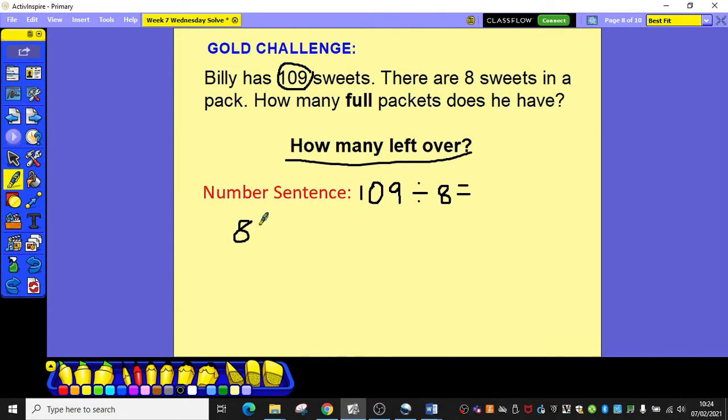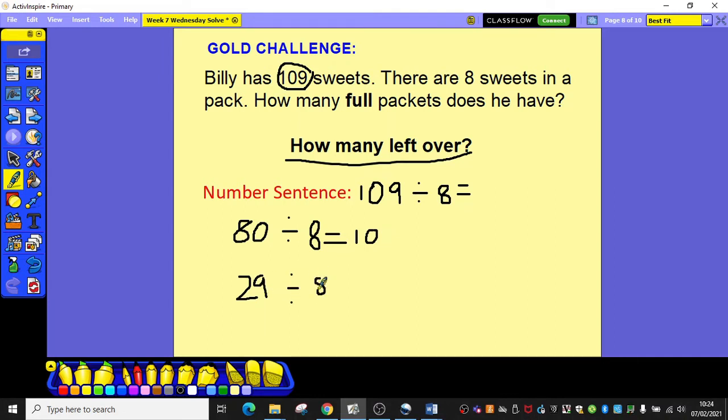So I'm going to start with 80 then, divided by 8. And obviously the answer is a very simple 10. 10 times 8 is 80. So how much from 80 up to 109? Well, to get from 80 to 100 is 20. Add 9 more, then it's going to be 29. Now I know that 29 is not a multiple of 8.